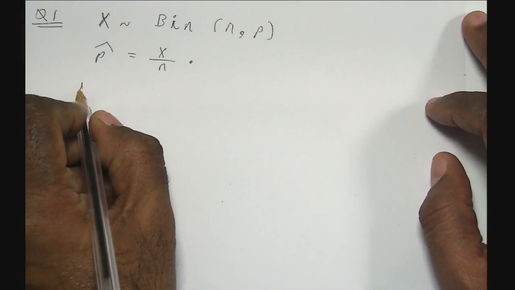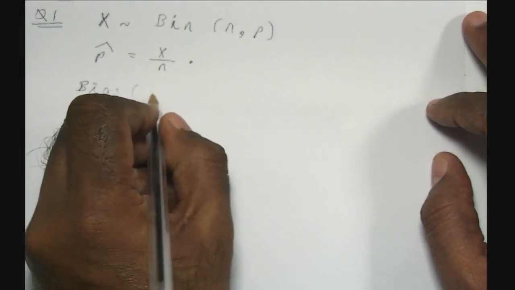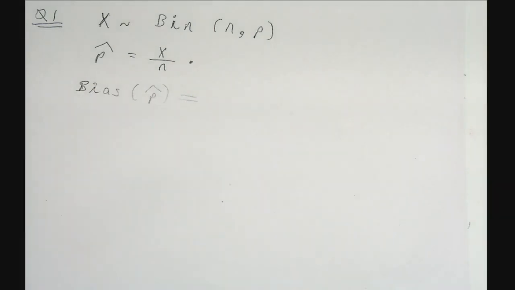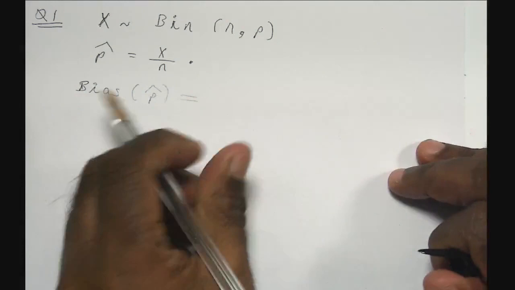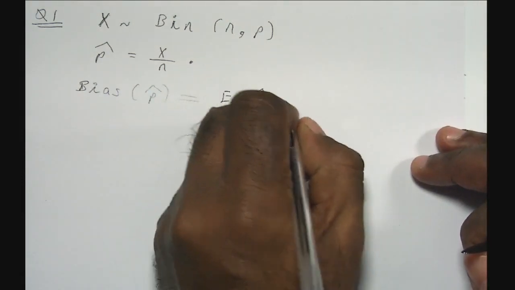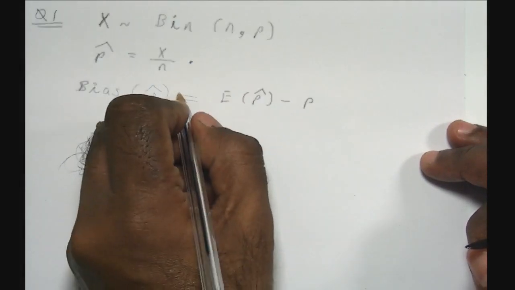To find the bias, we use the definition of bias.